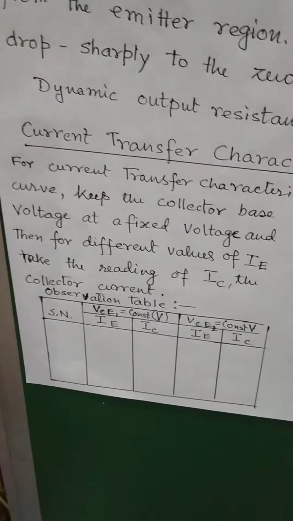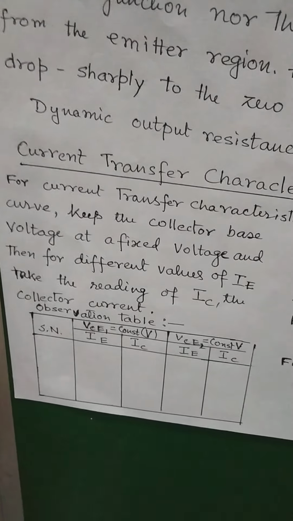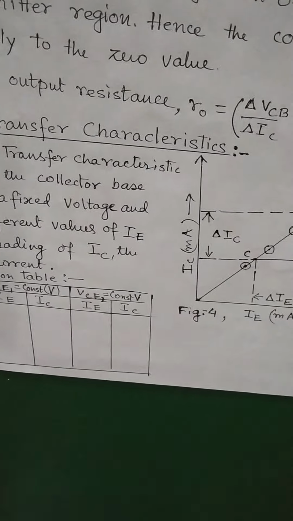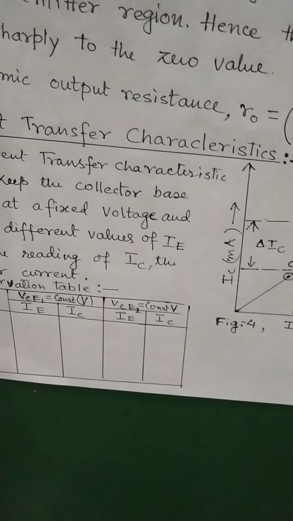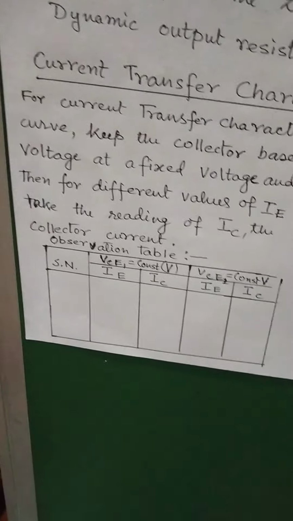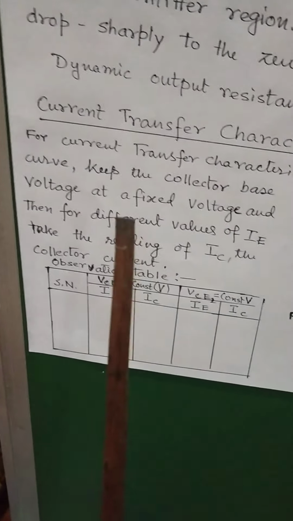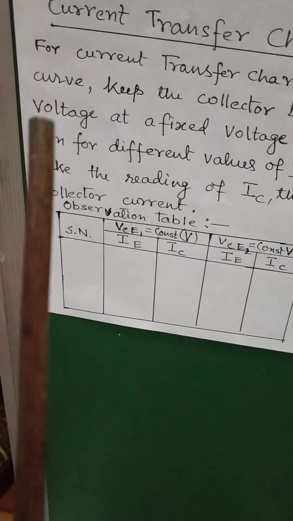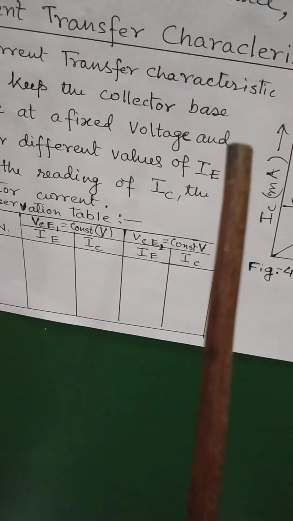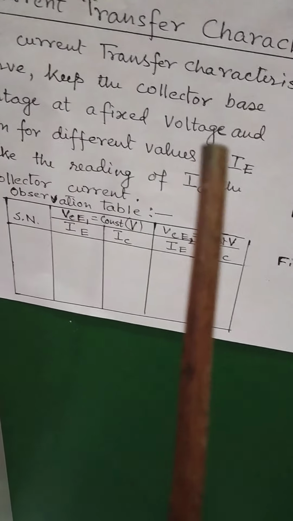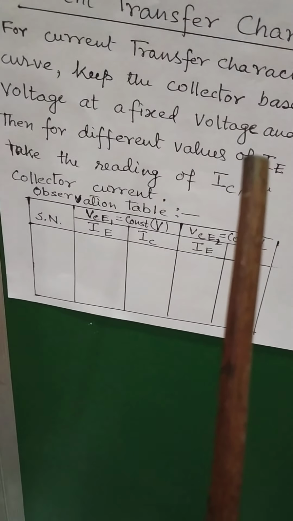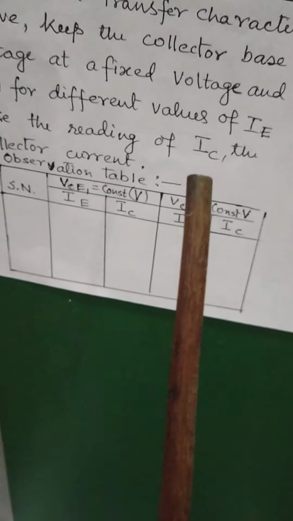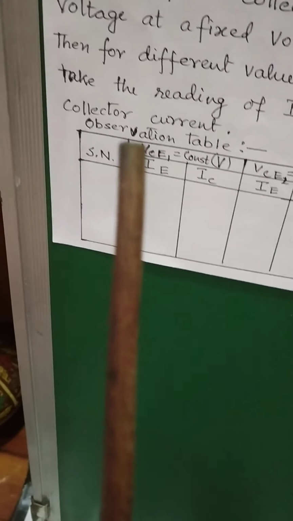Now let us calculate the current transfer characteristic curve, which is between collector current and emitter current. For the current transfer characteristics curve, keep the collector base voltage at a fixed value, and then for different values of IE take the reading for IC, the collector current.